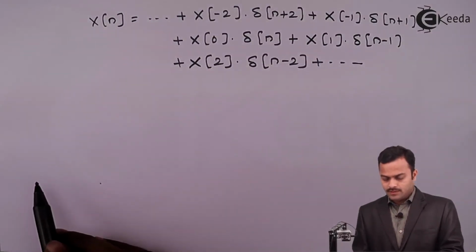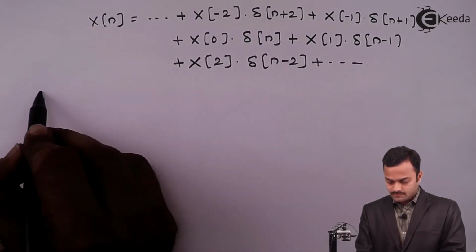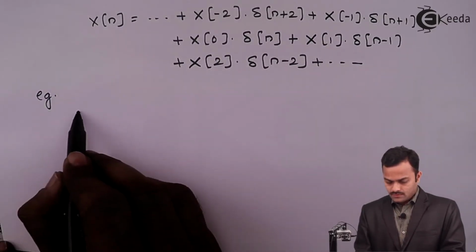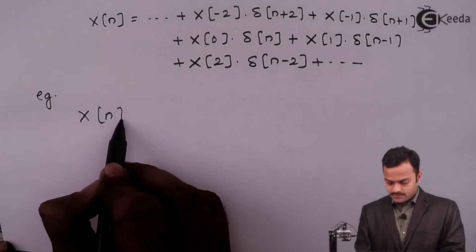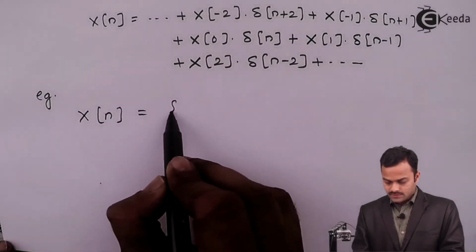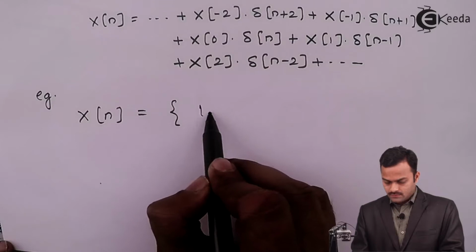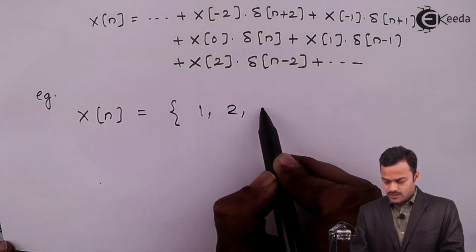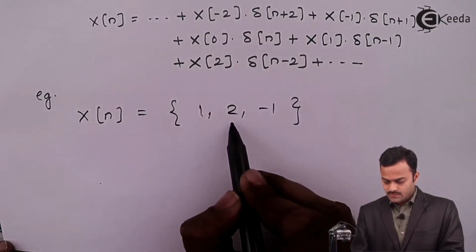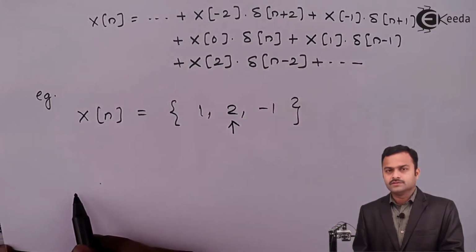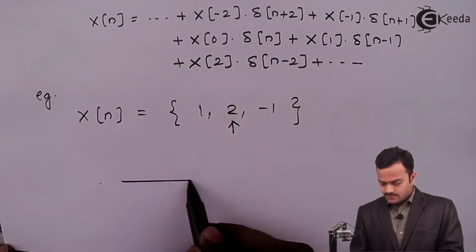So in the problem, I will have x of n, a sequence having the values 1, 2 and minus 1, and somewhere here is the origin. So x of n is like this.